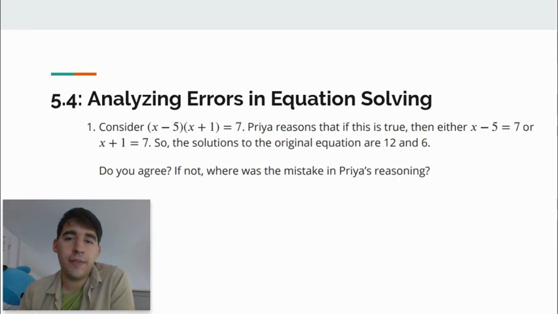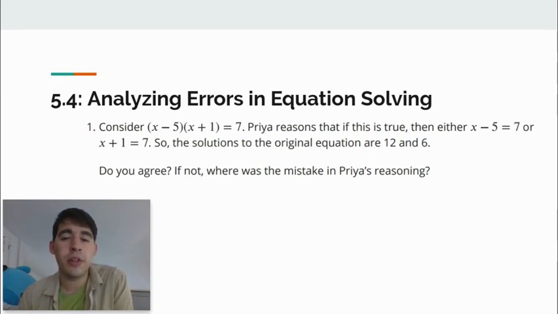For the last activity, I want to talk about some very common errors that students make all the time when solving quadratic equations. Let's take a look at 5.4, number 1. Take a look at this equation. x minus 5 times x plus 1 equals 7. Now, Priya reasons that if this is true, then either x minus 5 equals 7 or x plus 1 equals 7.